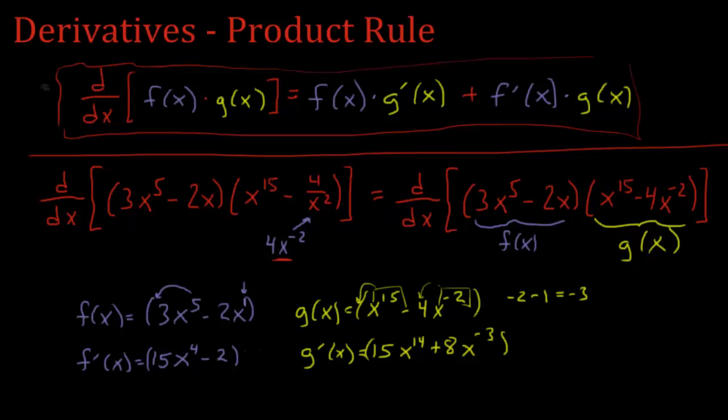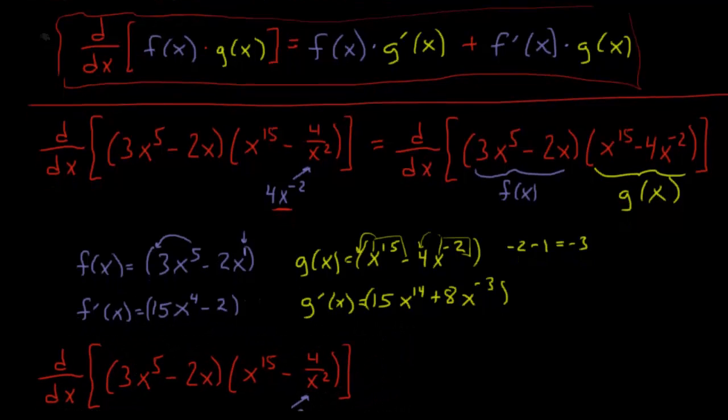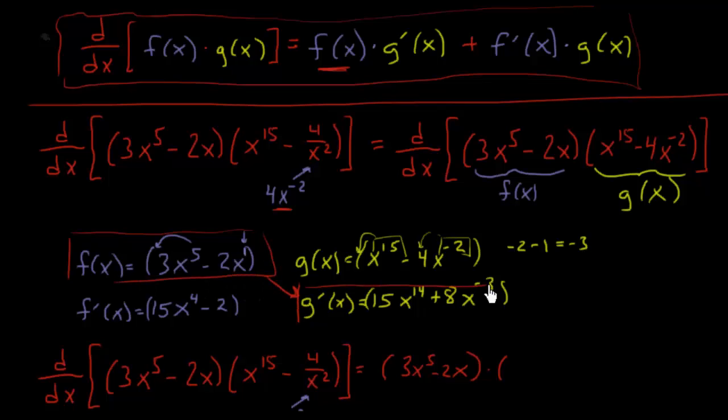Let's go ahead and write that out now. Our derivative is going to equal f, which is 3x to the 5th minus 2x, times the derivative of g. So basically you're multiplying these two together: 15x to the 14 plus 8x to the negative 3.